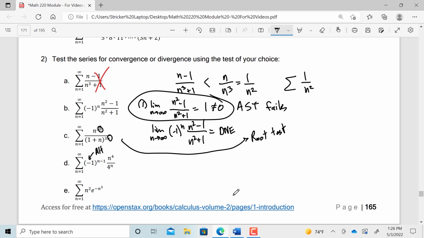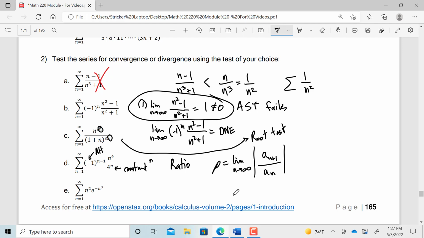But another option for this, if you notice right here that we have a constant raised to the nth power, then that's an indication that we could also use the ratio test. And you can use the ratio test if we have alternating series, because when you take the ratio test, you find rho, and remember it's the limit as n approaches infinity of the absolute value of that ratio.